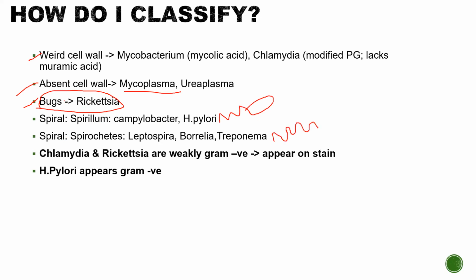Spirillum is Campylobacter and H. pylori, and spirochetes are Leptospira, Borrelia, and Treponema. Now, these are important points to keep in mind: Chlamydia and Rickettsia are actually weakly gram-negative, so they can appear reddish. So they can pick up on the stain a bit. And H. pylori also can appear gram-negative.